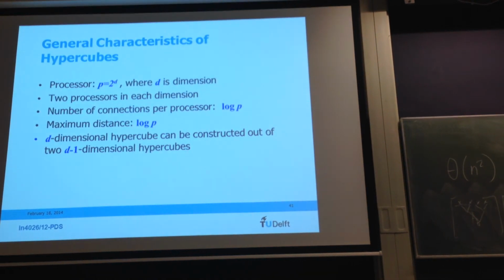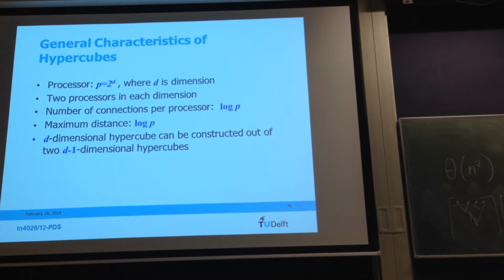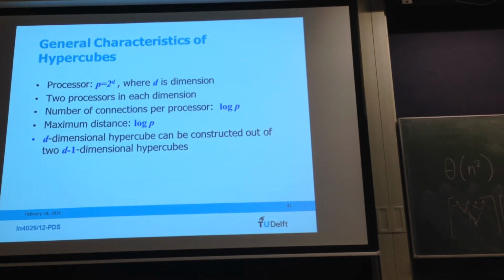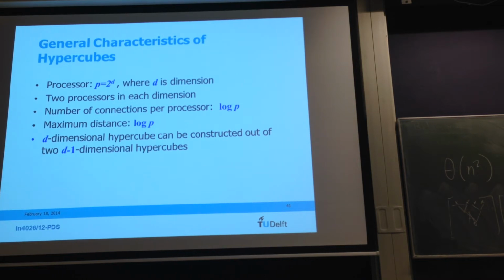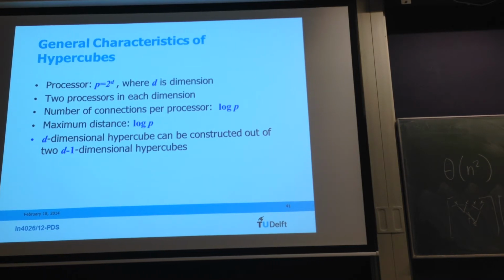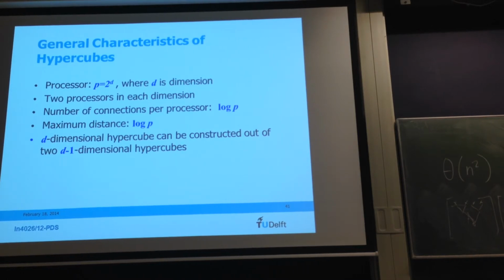With the routing schemes, some of these advantages are kind of annihilated, or relieved, or not so bad anymore. But it's still a reference interconnection structure which has kind of idealized properties, and therefore it's still important.